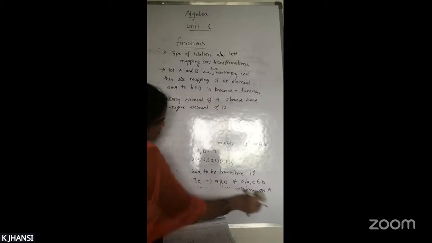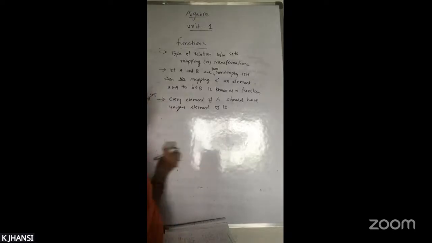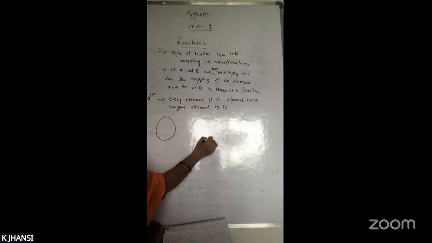So just see one example here. Each and every element of A, whatever elements of A are there, you have to map them with elements of B. This is set A, this is set B, and this is called mapping. Let F be the function.